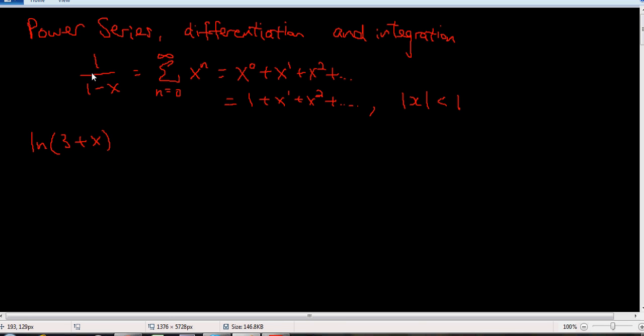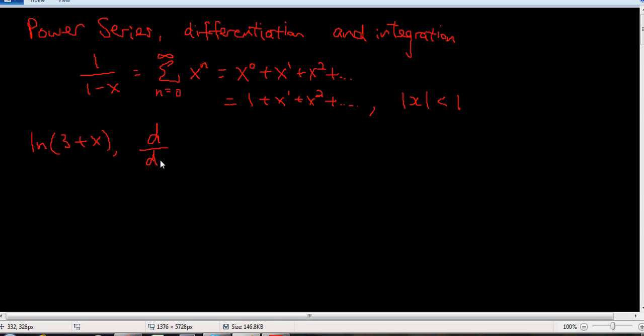So 1 over 1 minus x has a power series representation of this, right? Or this, doesn't matter how you write it, they're the same thing. Let's see if we can find one for ln of 3 plus x. So the key here is trying to find an expression through either integration or differentiation that will look very similar to this. So I'm going to walk you through the example of how to do this.